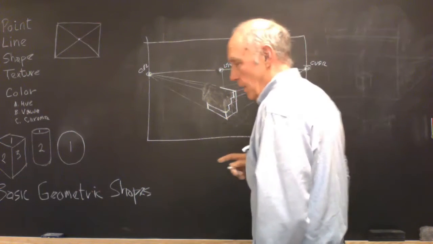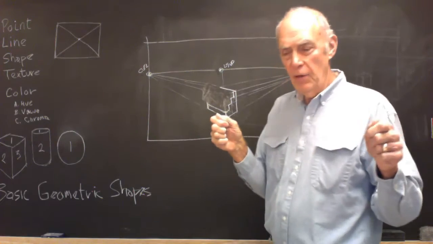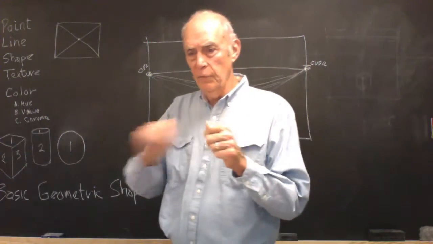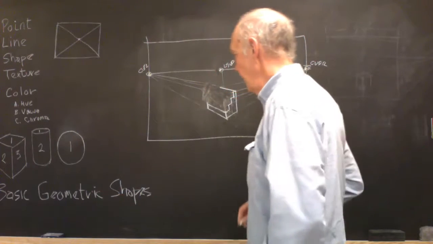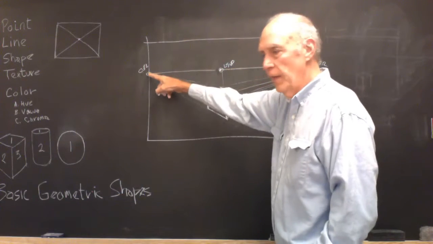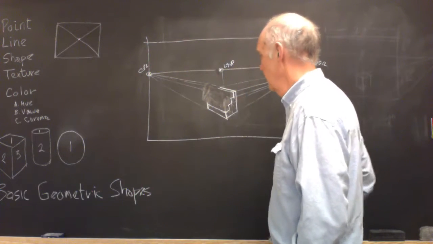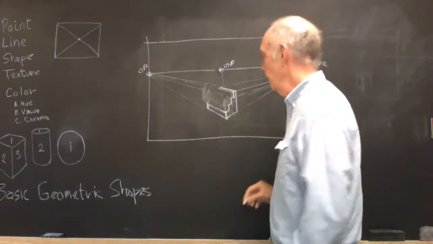Now, the reason I'm having you use a ruler now is because you get this muscle memory thing going for you. If you notice when I draw, I know where that vanishing point is over there, and I draw toward it. See, I draw toward it.